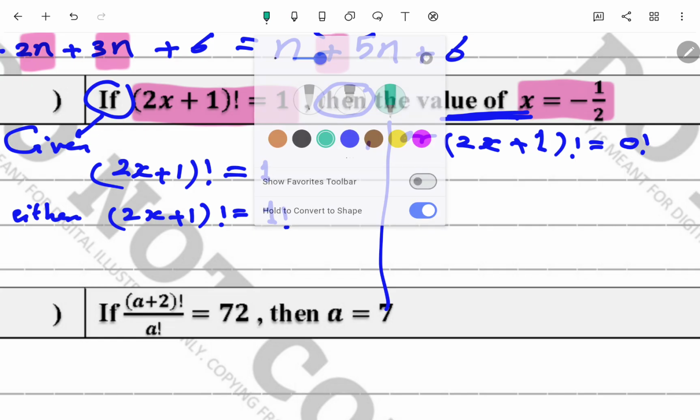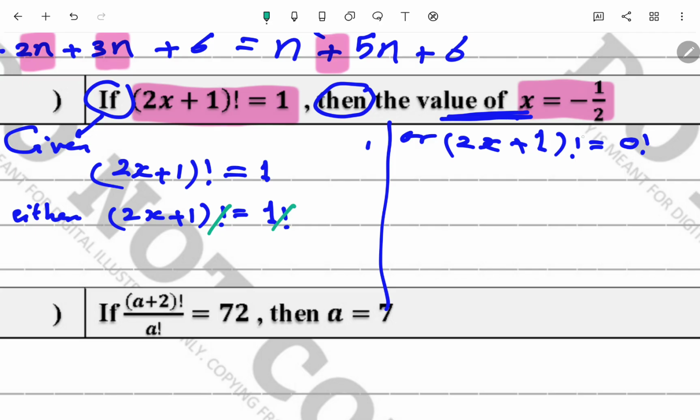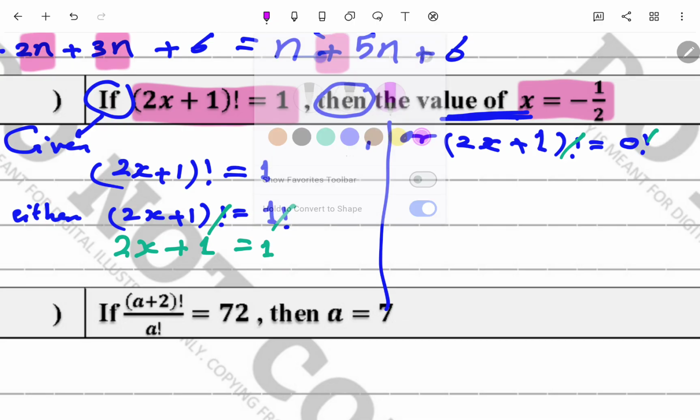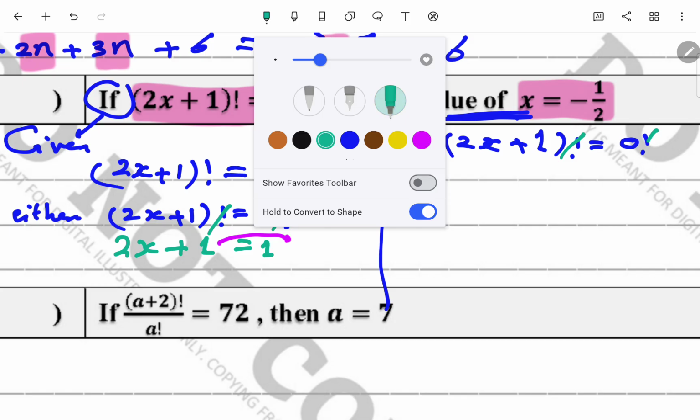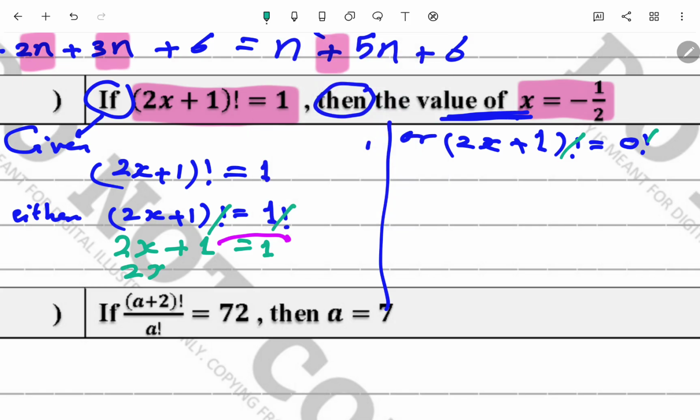I can now cancel these factorials from here and there, and that will give you 2x plus 1 alone equals 1. By moving this 1 to the other side, you can get 0, and that will give you 2x equals 0. Divide both sides by 2, you can get x equals 0.